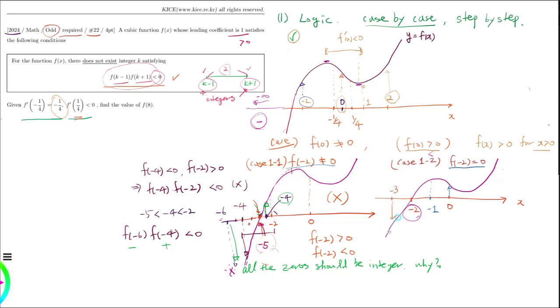Here you see f of negative 3 is a negative value, whereas f of negative 1 takes a positive value, so their multiplication will be negative. Okay, so for the case f of negative 2 equals 0, it also does not make sense. In conclusion, the non-zero f of 0 case does not make sense.